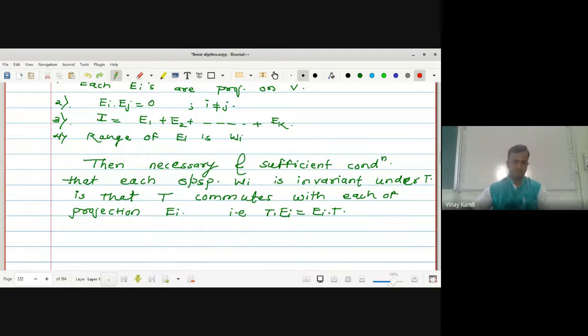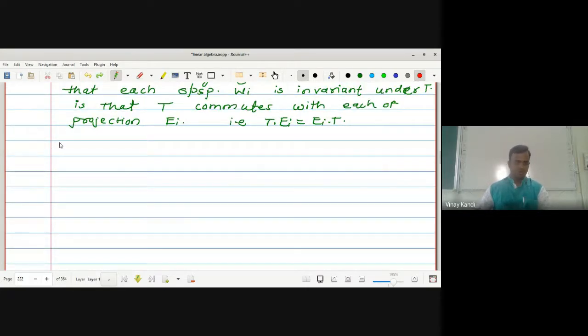Now look at the proof. Okay, first prove the sufficient part. Which one is the necessary part?